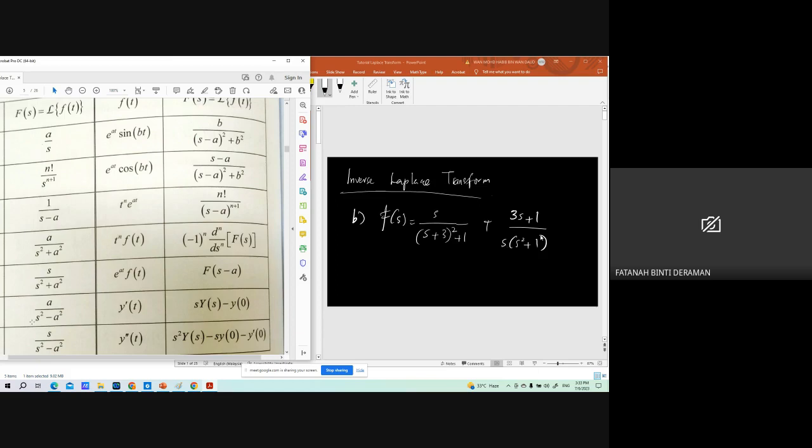If you go to example 4.11, we have s squared plus 4. This function we cannot get directly from this table. Because of that, we do the partial fraction first.